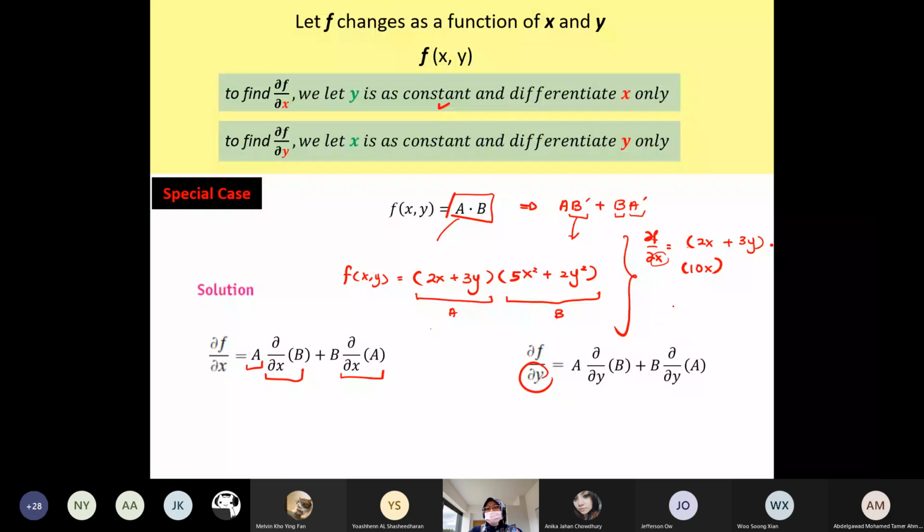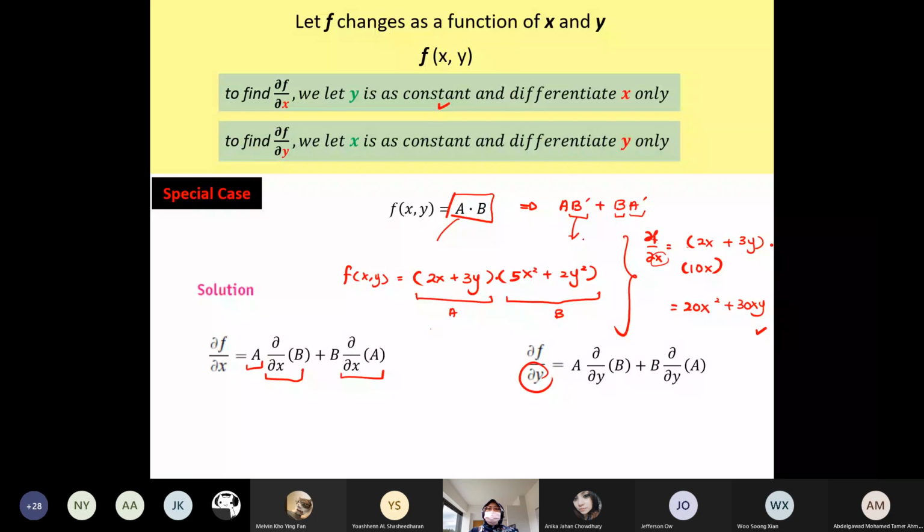So multiplying here becomes 20x square plus 30xy. So this is how you do the multiplication operation of two functions in finding the partial differential.